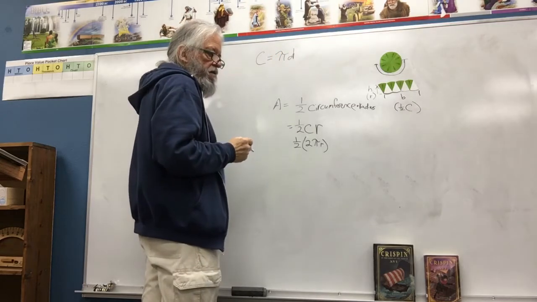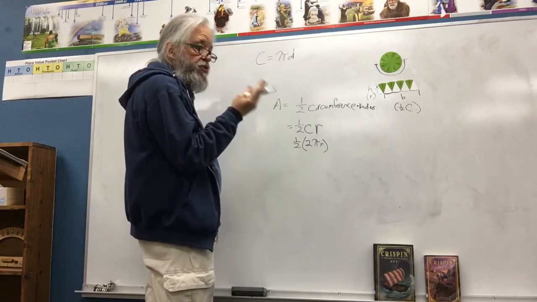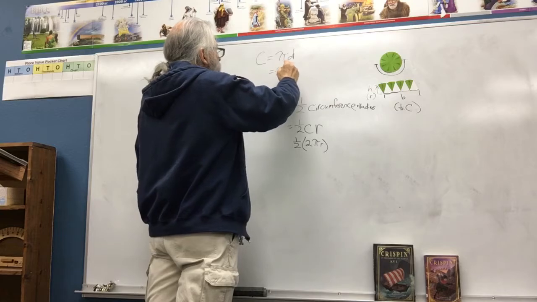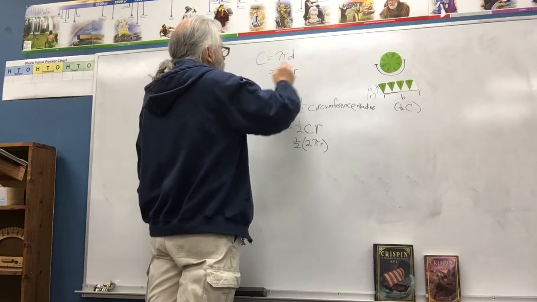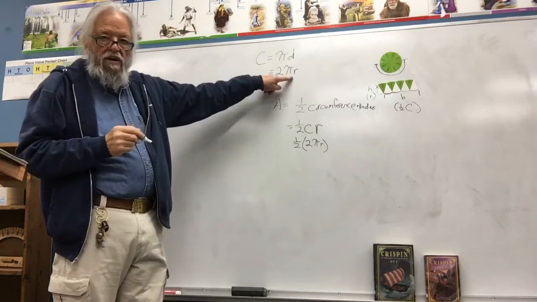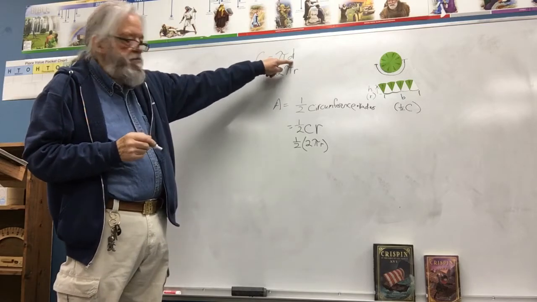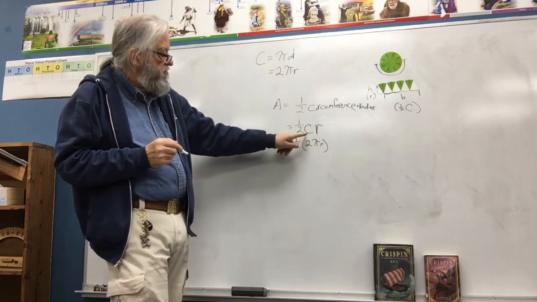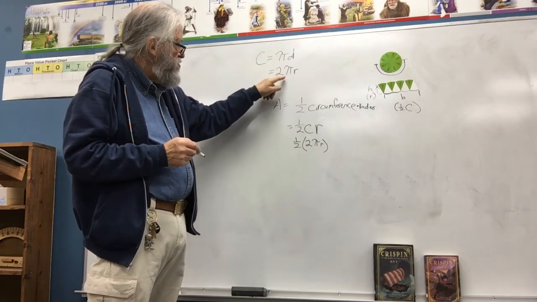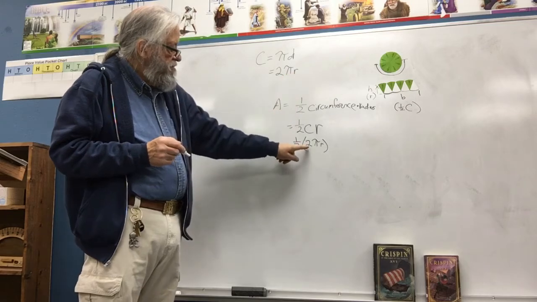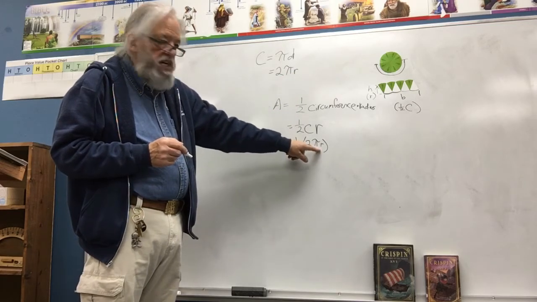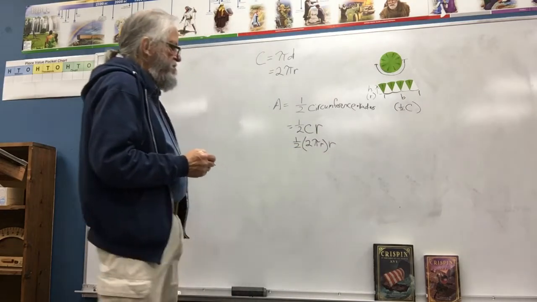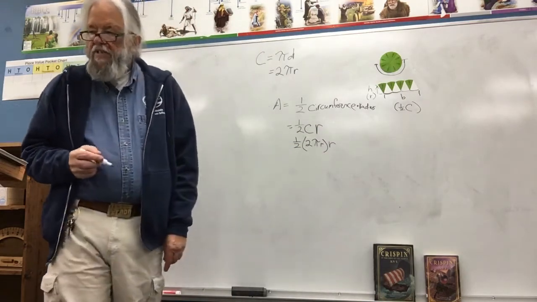And what's diameter? 2 radii. So I can put 2 pi r. 2 pi r is the same as pi times d. So I'm going to substitute that in for the C. C is equal to 2 pi r. So I substituted this in for the C, and then I still have this r out here. Okay? So that's what they're showing you.